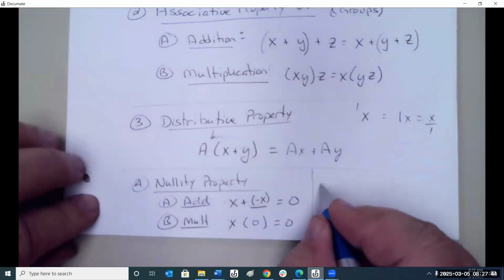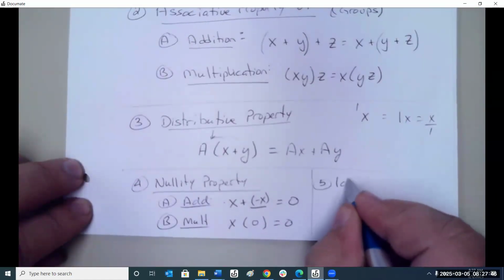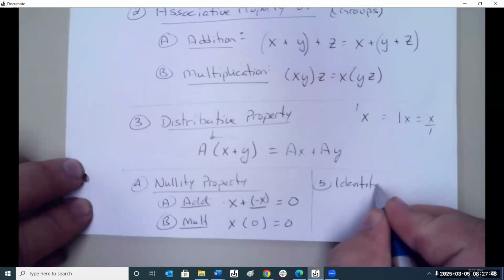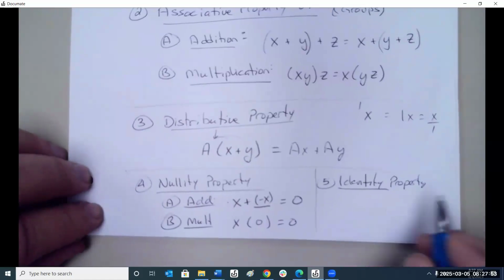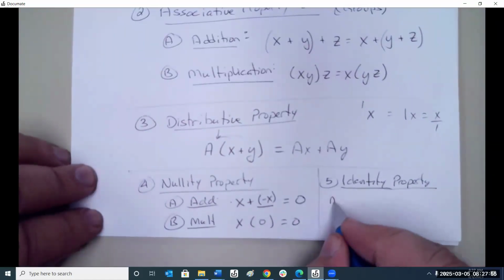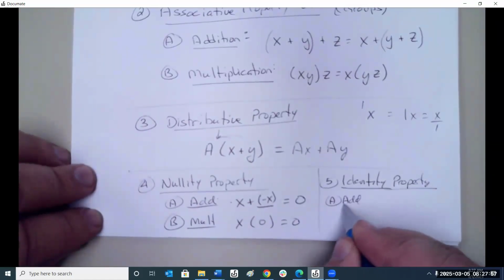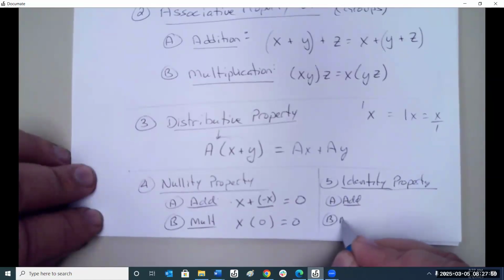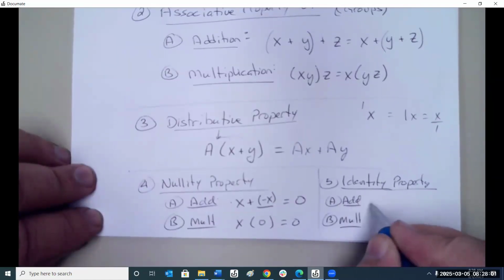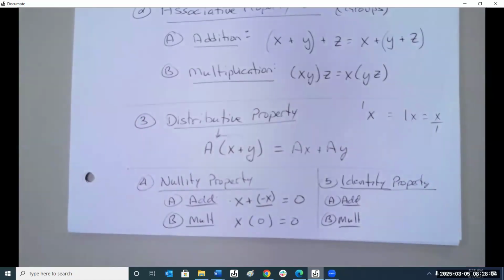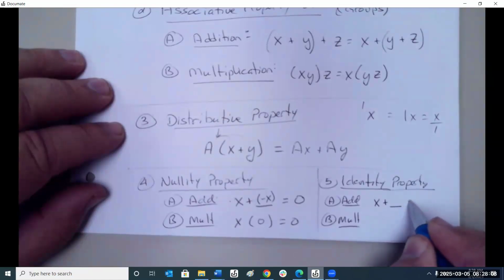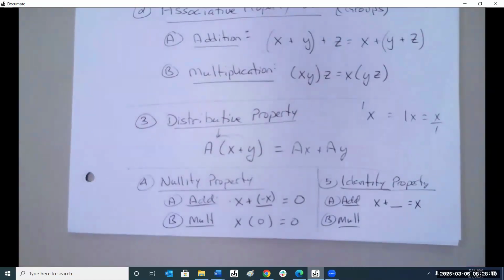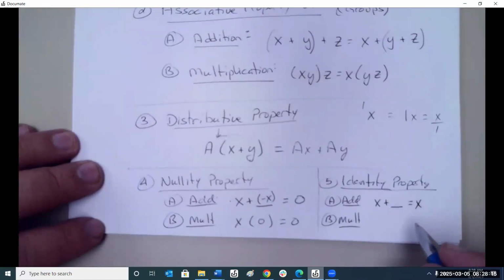Oh, do one more. The identity property. X plus what gives me x?